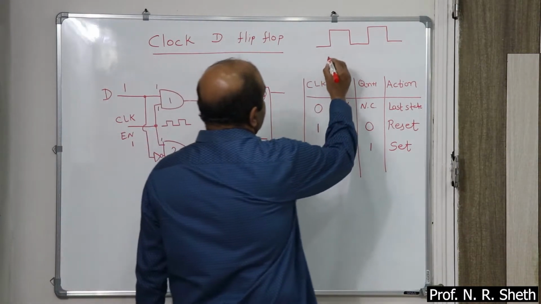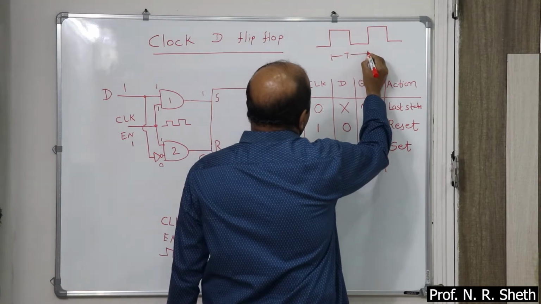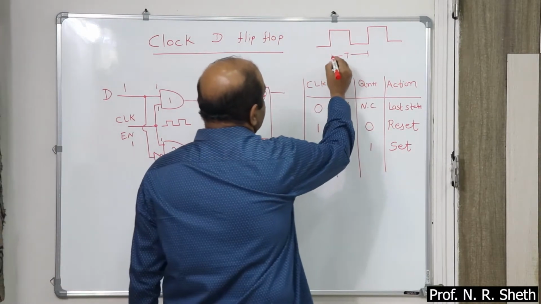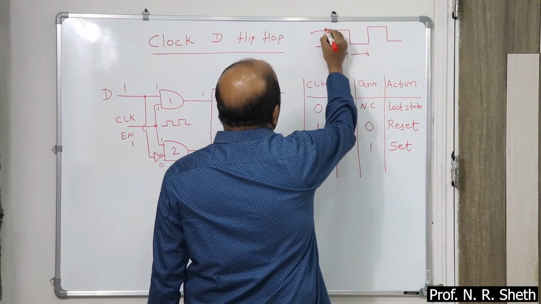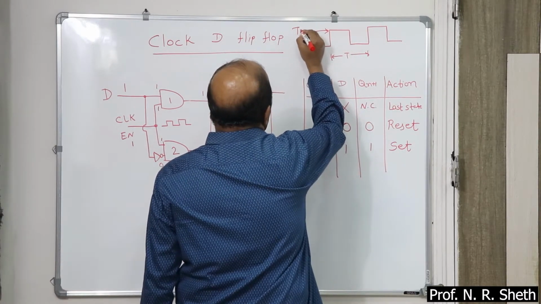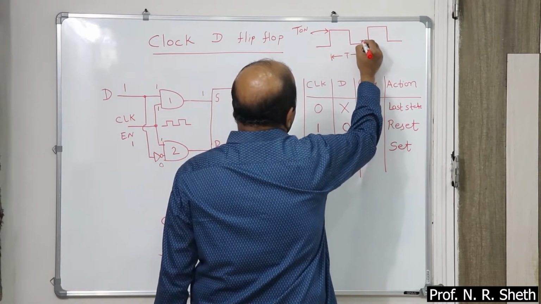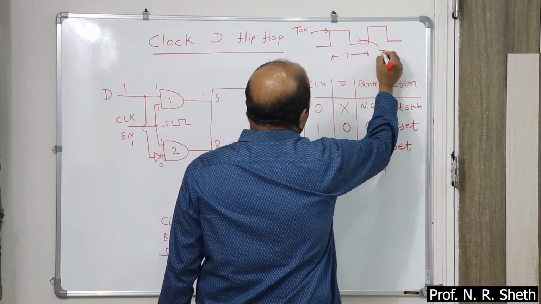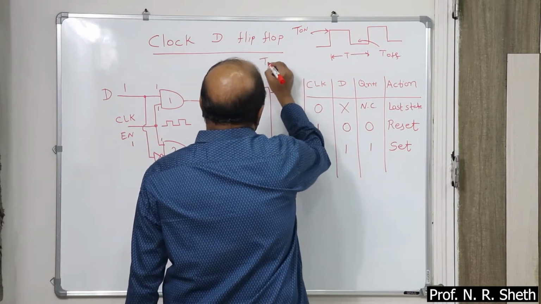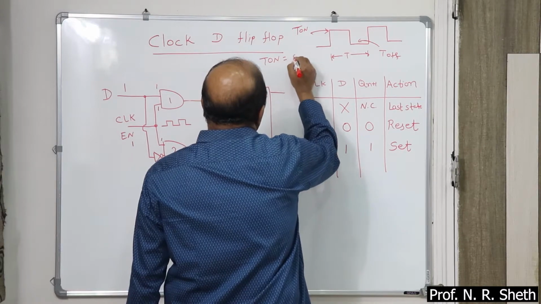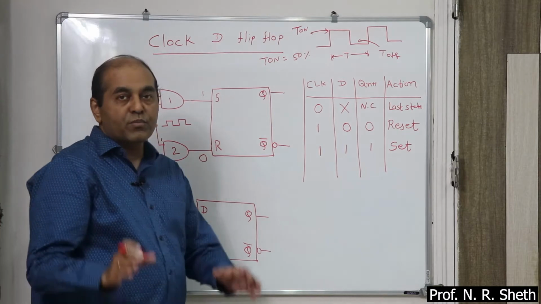This is your period, capital T, periodic time, time to complete one oscillation. Now, this part is known as T on time. This part is T off time. Here, T on time is 50% of your total period.